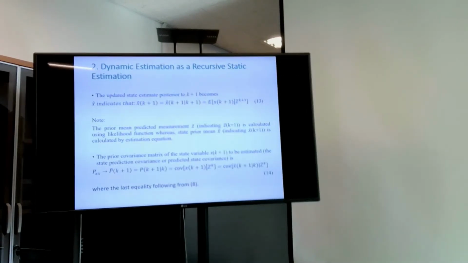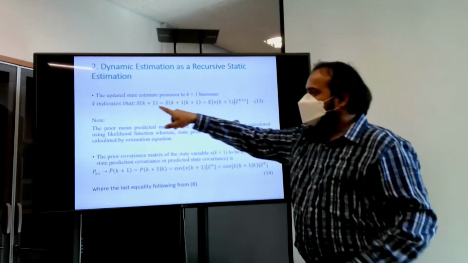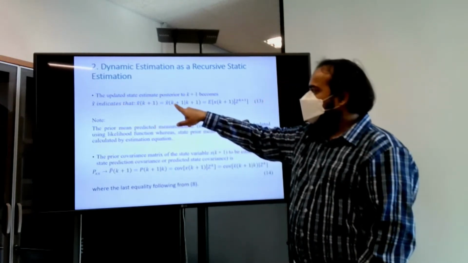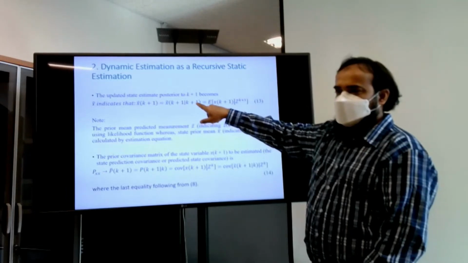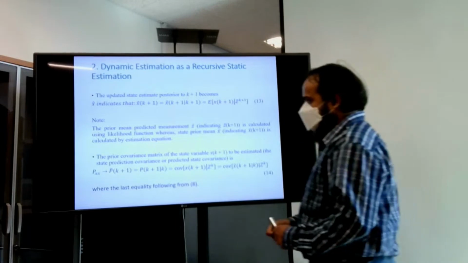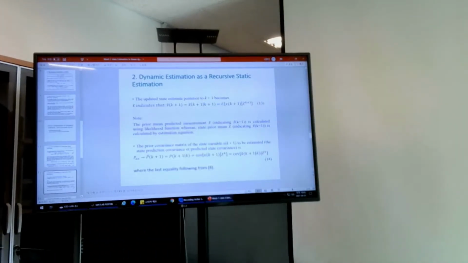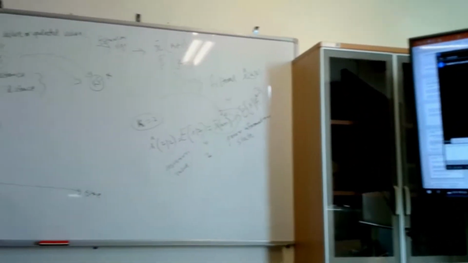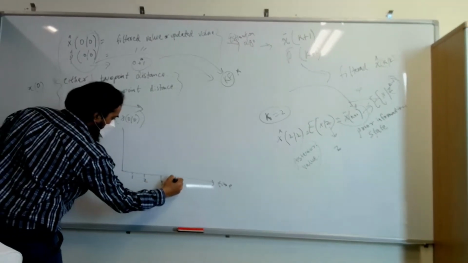The updated state estimate posterior to k plus 1 becomes this, which indicates k plus 1 equals k plus 1 conditioned on k plus 1. Okay, so for example, this is time 1, 2, 3, 4.